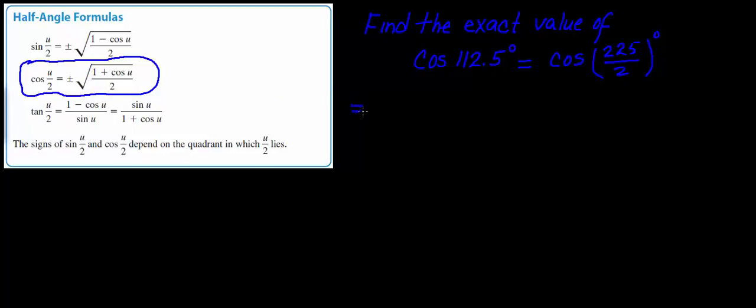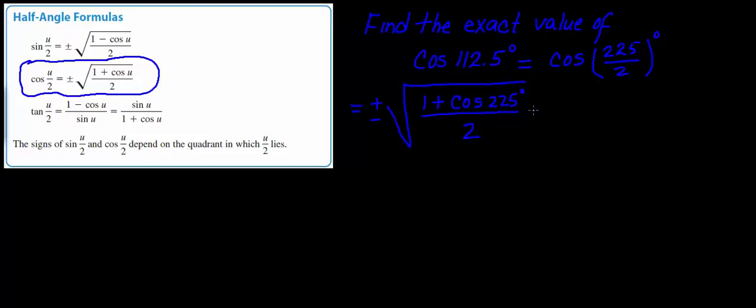It says that this will equal plus or minus a very tall radical, square root of 1 plus cosine of u. Cosine of u is the angle that we're using, 225, which is the angle for which we know the exact value, divided by 2.